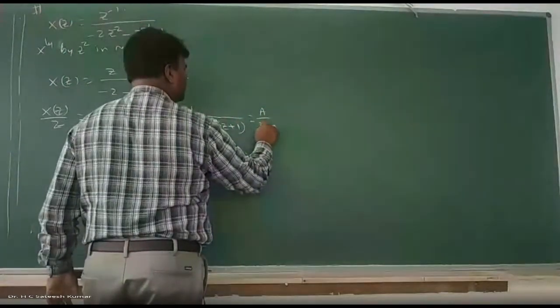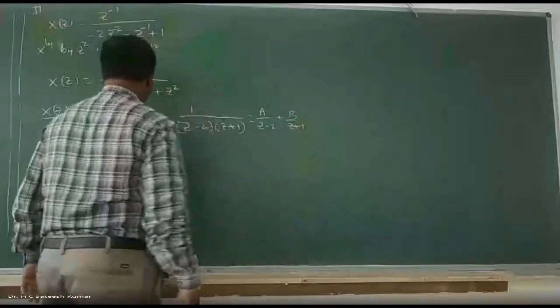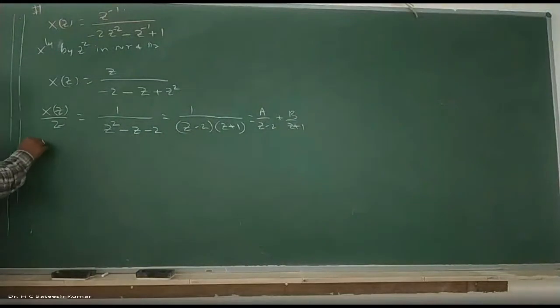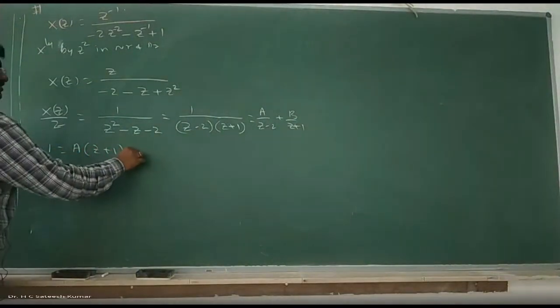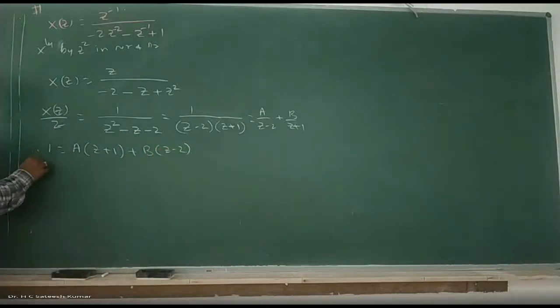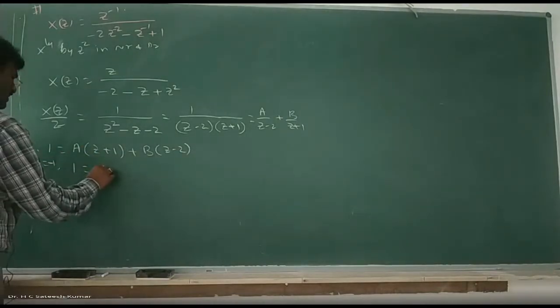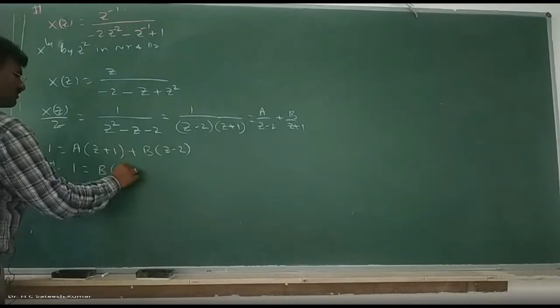A divided by z minus 2 plus b divided by z plus 1. Okay, right. Therefore, 1 is equal to A into z plus 1 plus b into z minus 2. Put z is equal to minus 1. 1 is equal to, this is 0, b into minus 1 minus 2 is minus 3.